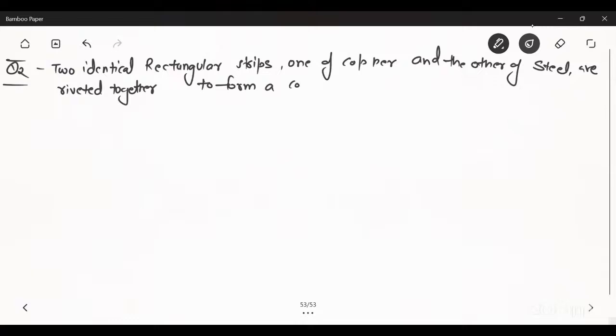Riveted means soldered together. What will happen on heating?